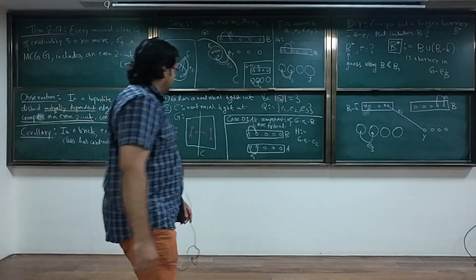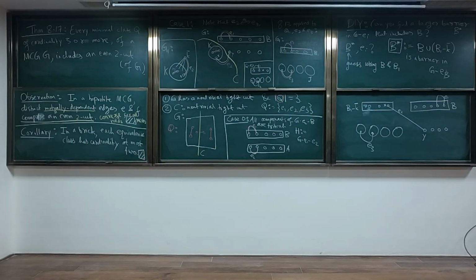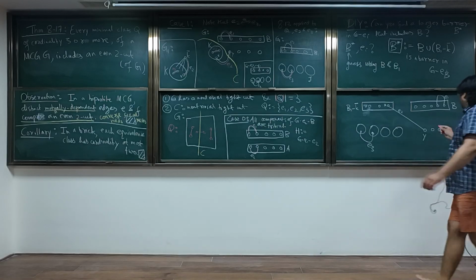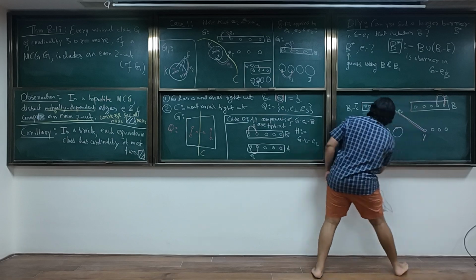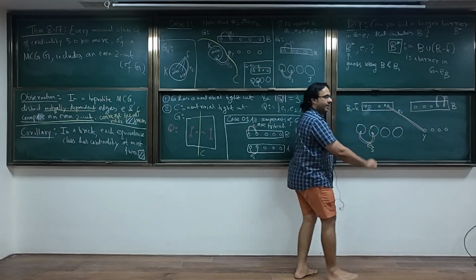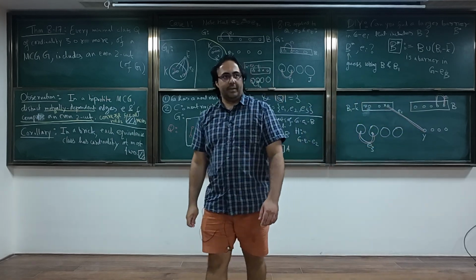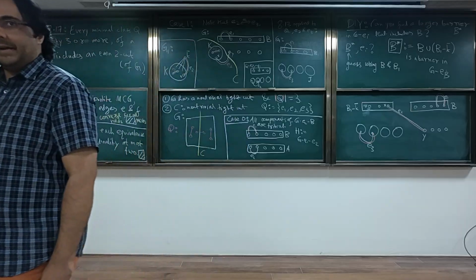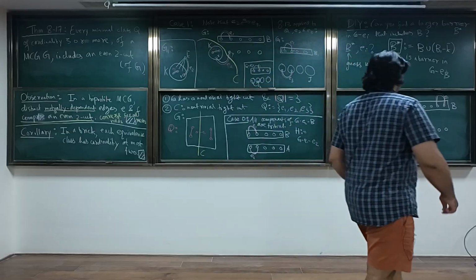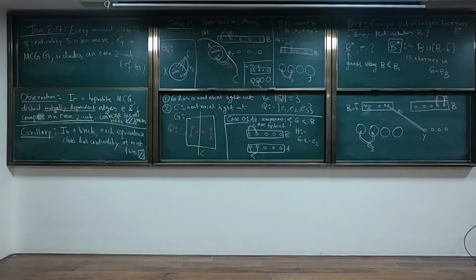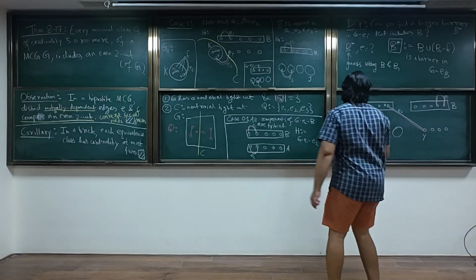Let me draw the pink edges. We can see where all the pink edges are. E1 is here, E2 is here, E3 is here. None of these components can be non-trivial. This proof is finished by induction. Therefore, all components are trivial. And now we are in case 0 for a different choice.